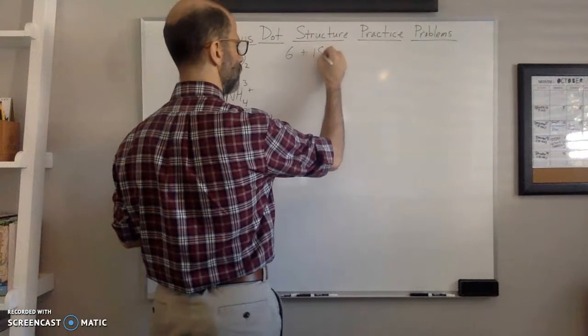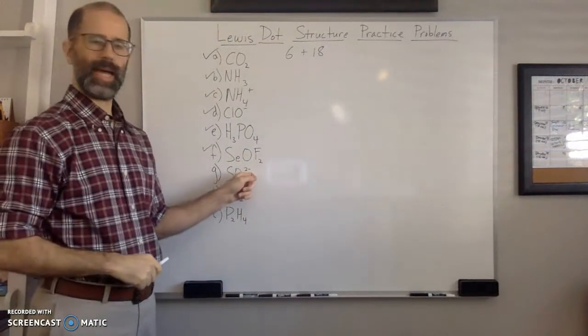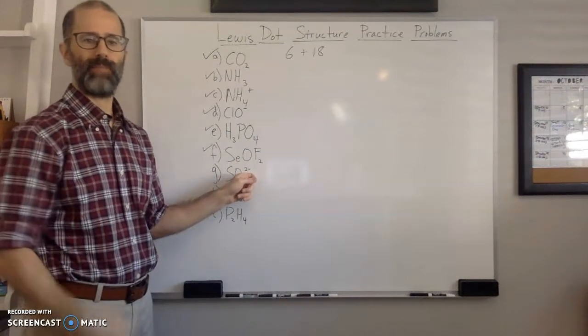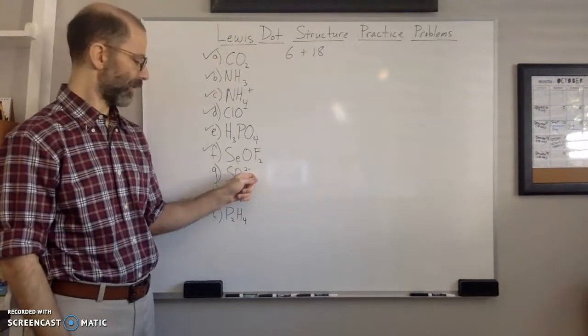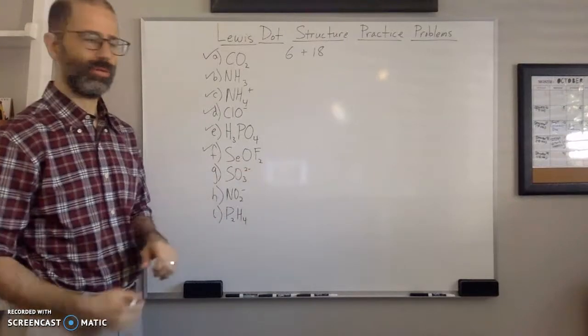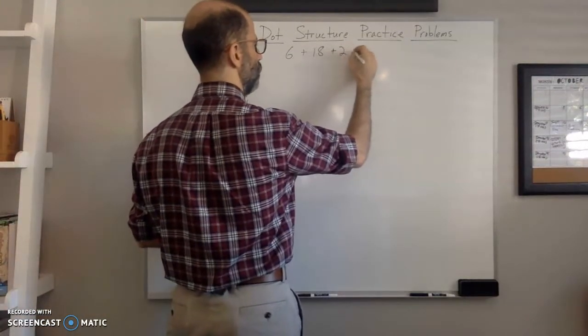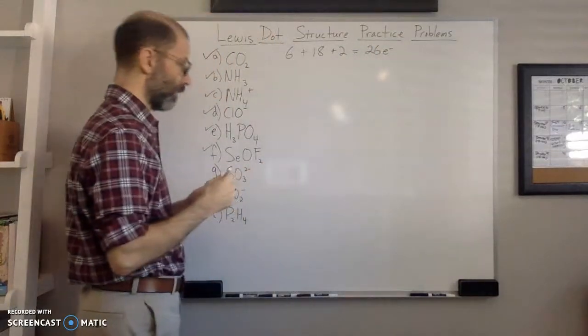So I have 18 from the oxygens, and I have a -2 charge. That means I have 2 extra electrons above the normal number of valence electrons I would expect. So I have to add 2 to account for the 2 negatives. So that's +2, and that gives me a total of 26 valence electrons.